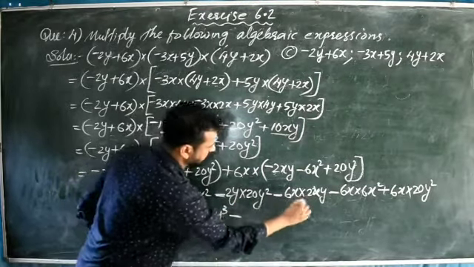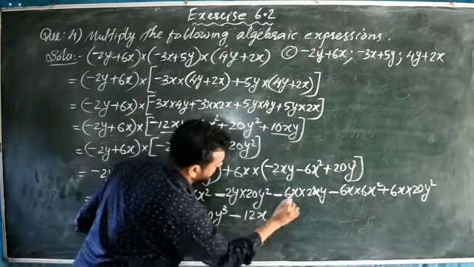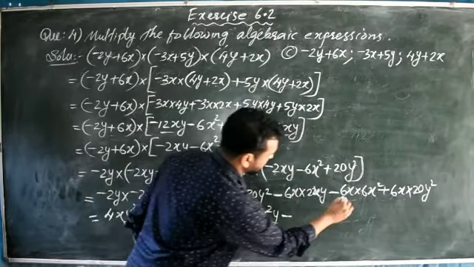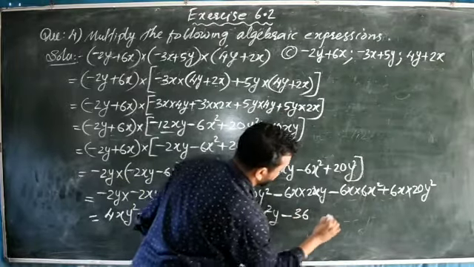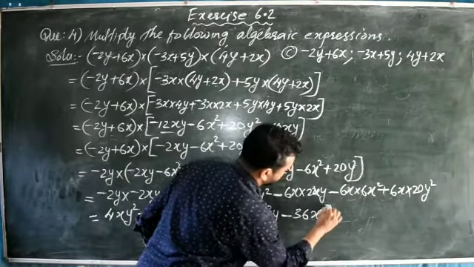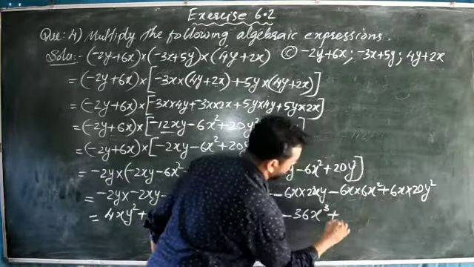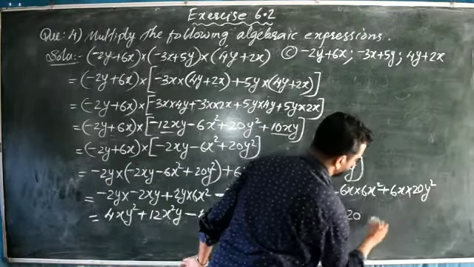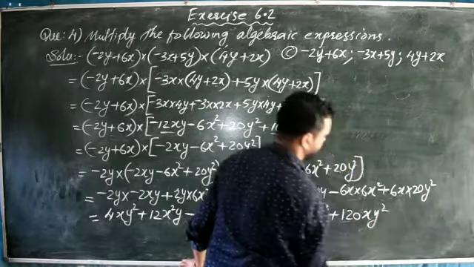Minus 6 2s are 12, x into x, x square y. Minus 6 6s are 36, x into x square, x cube. Plus 6 into 20, 6 2s are 12, that is 120, x into y square, xy square.